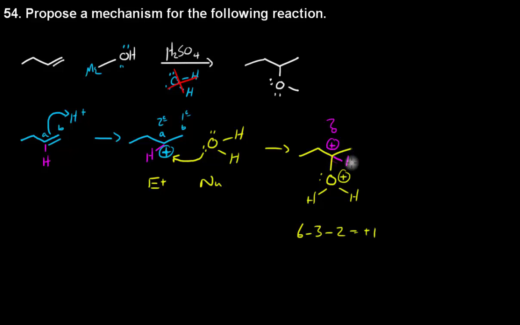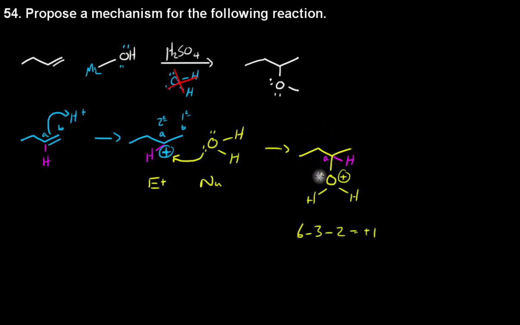So to answer the question, does carbon A have that positive charge? The answer is no. No, it doesn't. Because the formal charge calculation would say the carbon's charge will be 4 valence minus 1, 2, 3, 4 covalent bonds. So the overall charge on that carbon is going to be neutral.